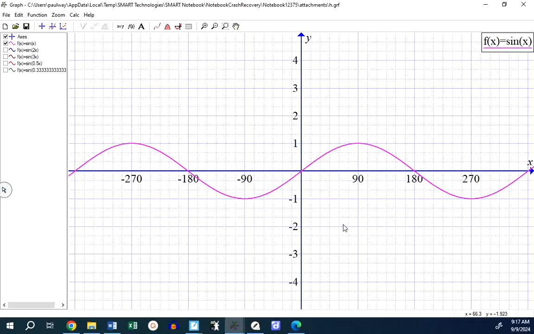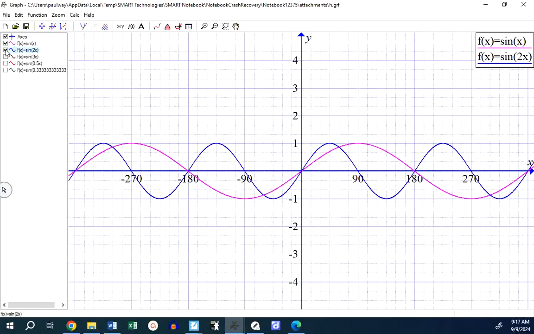I don't know anybody who will get it right unless you just guessed. Because you see that 2 in front of x and you think, oh, things are going to get twice as long. They won't. It's stretched horizontally by a factor of a half. This blue function has been squished horizontally.